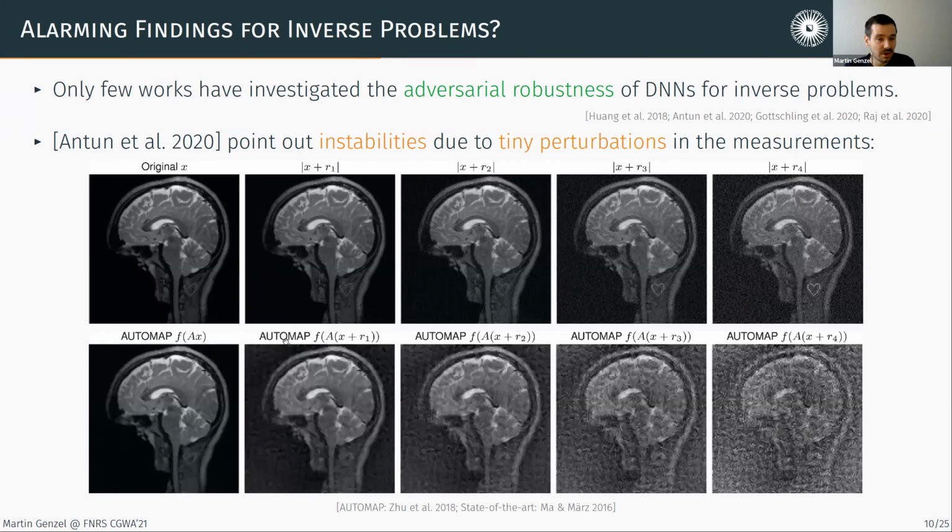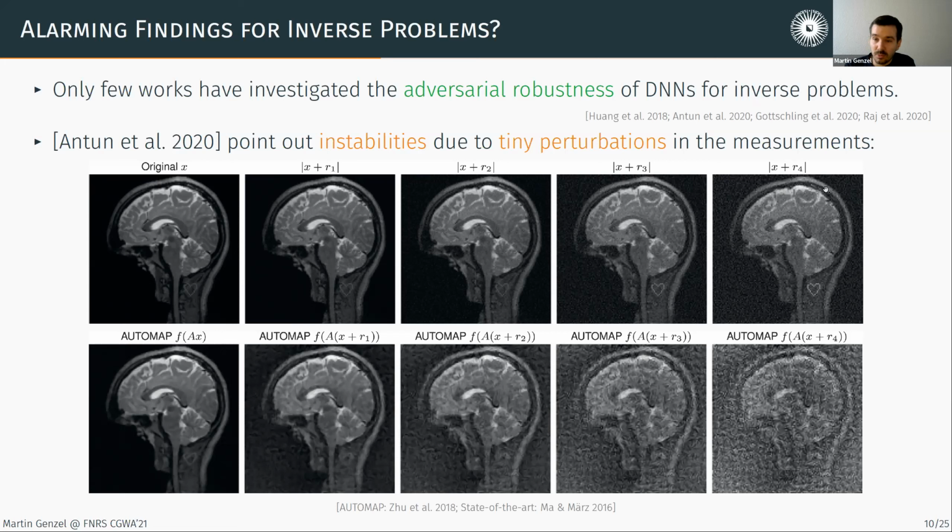So basically what they considered here is an MRI setup, undersampled MRI. And they computed adversarial perturbations, so some perturbations to the input, such that the reconstruction error of a certain neural network, which here is a pre-trained AUTOMAP architecture, an end-to-end architecture, gets as large as possible.